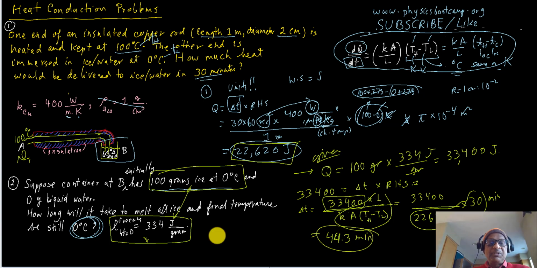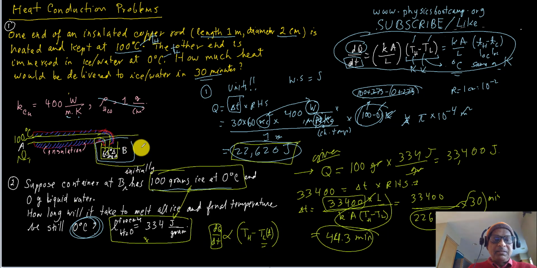And of course, once it starts to melt, you can see that because dQ/dt is proportional to TH minus TL, if this starts to rise in temperature, then this would not be constant. If you have a finite size here and all the ice melts and becomes water, then the water gets heated and the temperature of the water rises and this starts to become less and less.